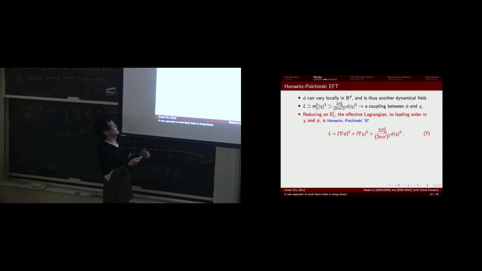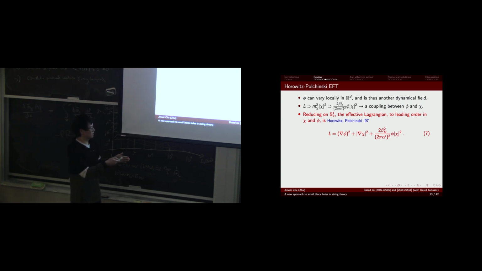And to leading order in the fields chi and phi, this effective Lagrangian was written down by Horowitz and Polchinski and takes this form. So the first two terms are just the kinetic terms for phi and chi, and the last term is the previous cubic term. So this is usually called the Horowitz-Polchinski action in the literature.